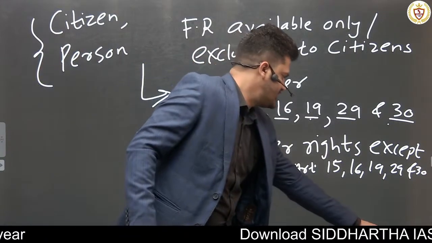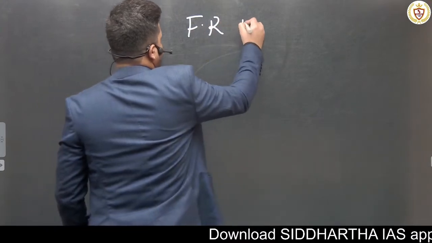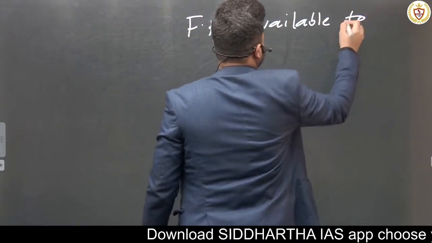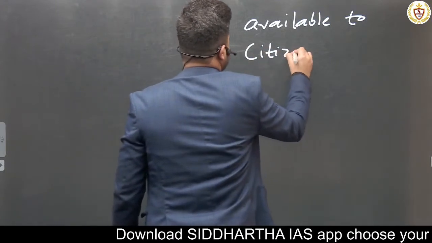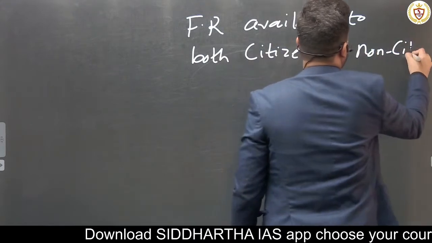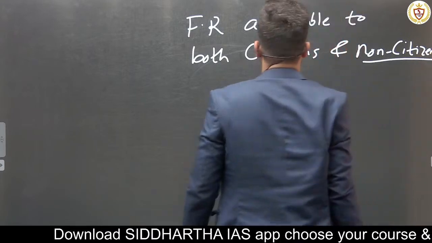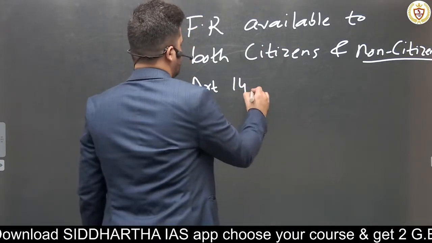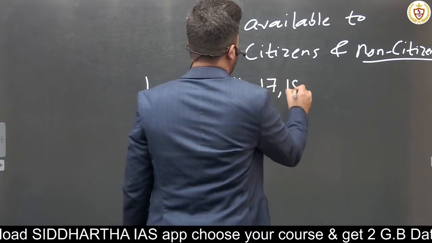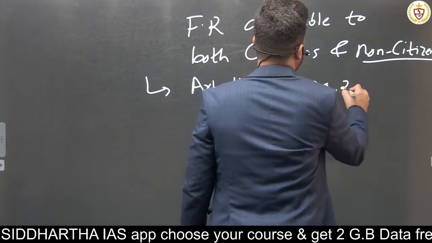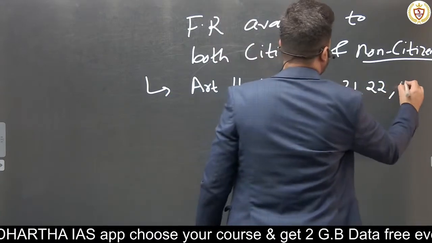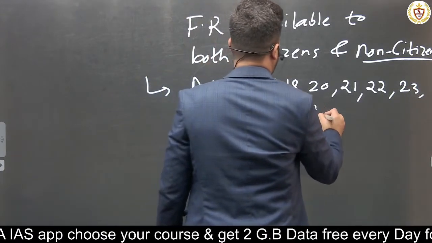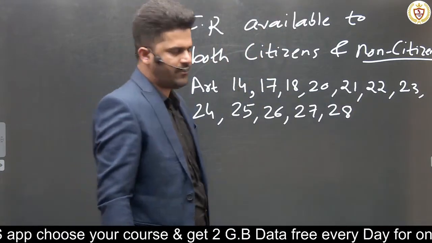So what will come in this? Look, fundamental rights available to both citizens and non-citizens or foreigners, whichever you want to write, but I will prefer non-citizens. Okay, right. Articles 14, 17, 18, 20, 21, 22, 23, 24, 25, 26, 27, 28, yes, 32.